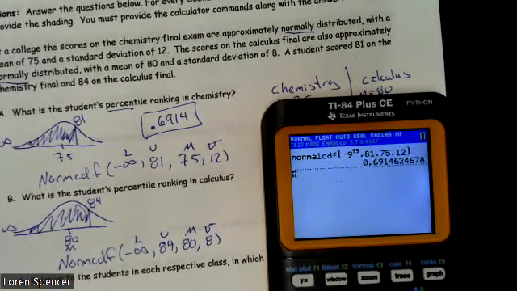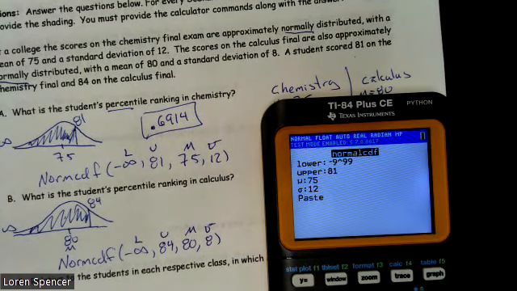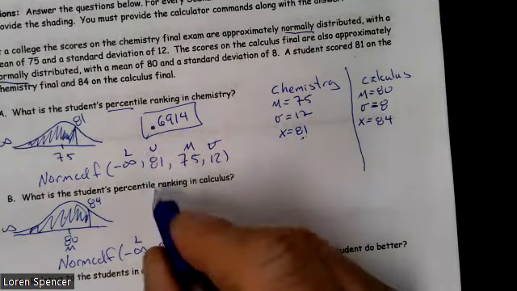Second vars, normal CDF, lower negative infinity. Upper this time is an 84. Mean of 80, standard deviation of 8. And we do that, we get 0.6914.